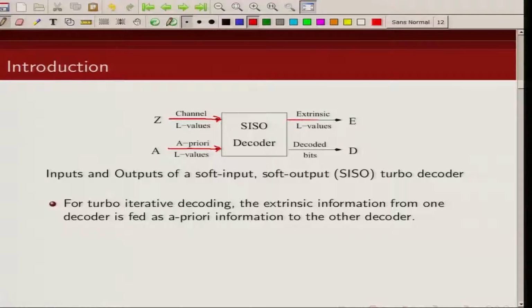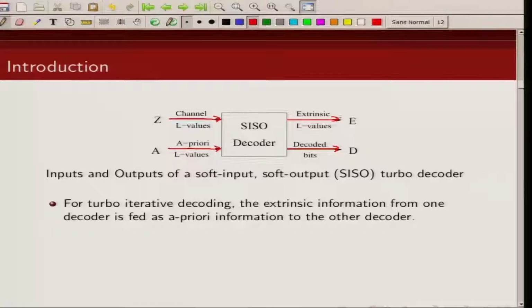It computes extrinsic values as well as APP L values, where you take a hard decision to get back your decoded bits. So this is the heart of a turbo decoder.